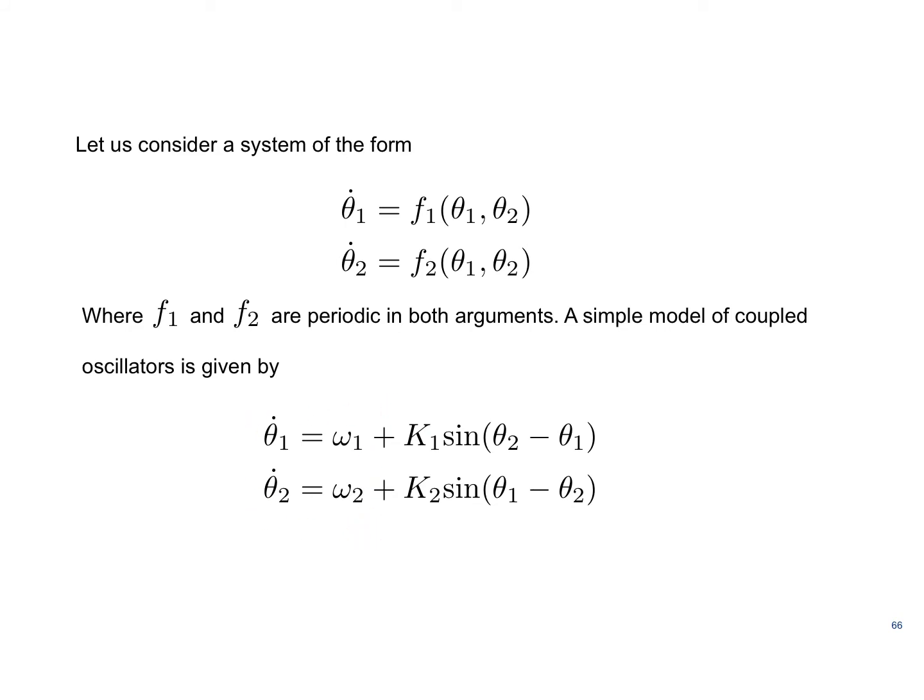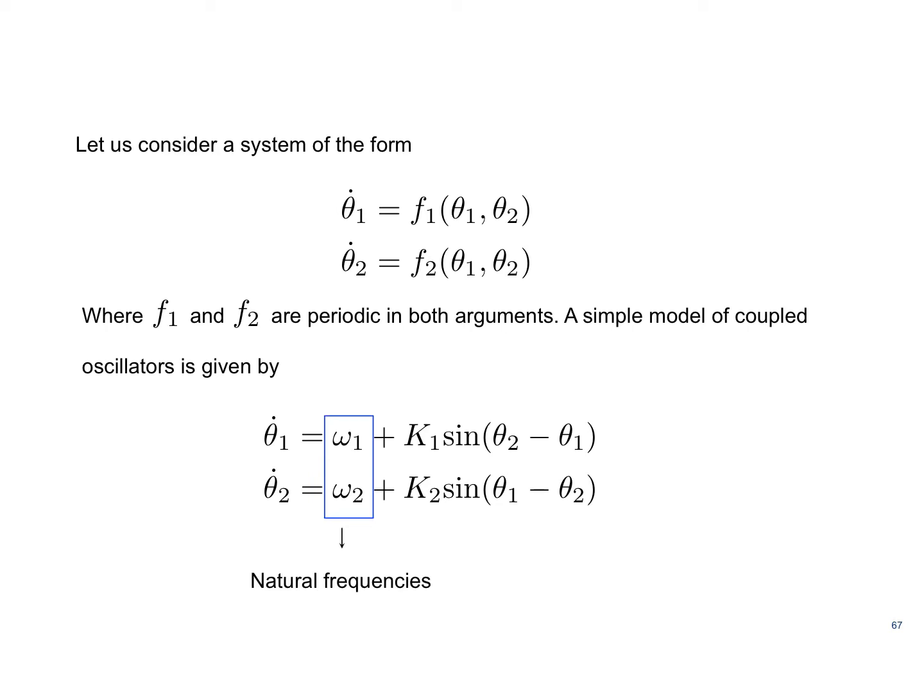They just do whatever they do without telling the other. So under this model, the frequency of oscillation of theta 1 is going to be omega 1, and of theta 2 is going to be omega 2. They will oscillate at their own frequencies and don't care about the other one. So even that case, which is very simple, already presents some interesting features.